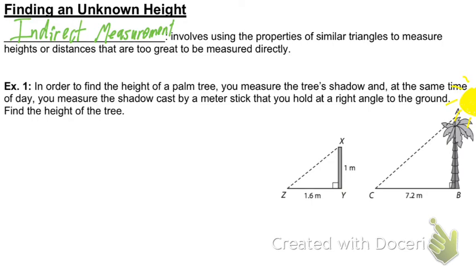Because the sun is going to hit it at the same angle, regardless of the height of the object. Because the sun is so far away that the slight difference in height, comparatively, from a tree to a meter stick or a water tower to a person even, it's going to really hit it at the same angle. The difference is going to be so minute, it won't even matter. Minute means very small. So these angles are going to be congruent.